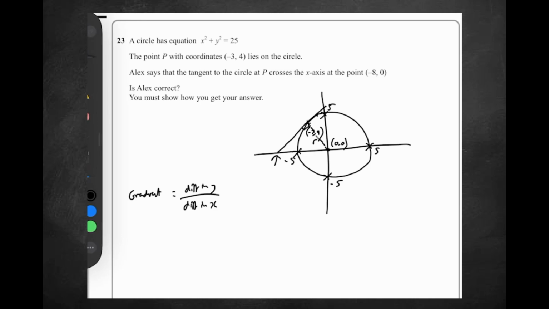So if we say this is r, the radius of the circle, we know that the difference in y over the difference in x for r is just going to be 4 over minus 3, since we know that that point there is minus 3, 4. Therefore, the gradient of the tangent to the line is going to be minus 1 over the gradient of r, which is going to be 3/4.